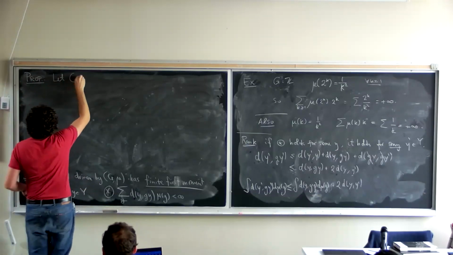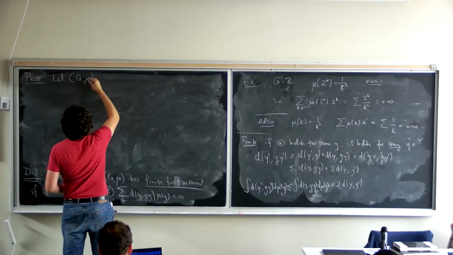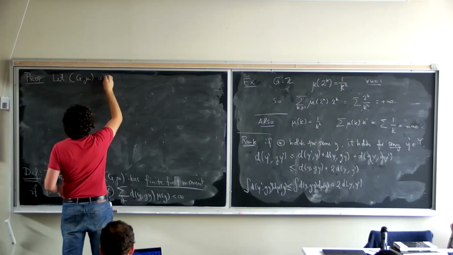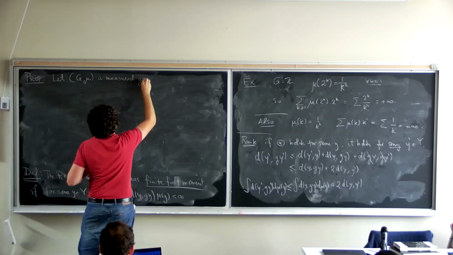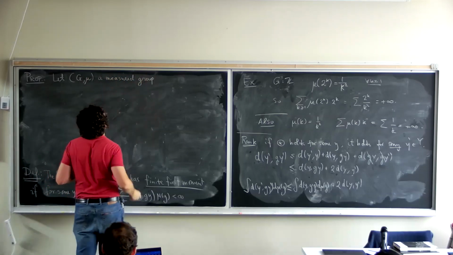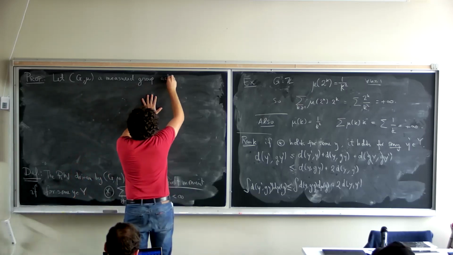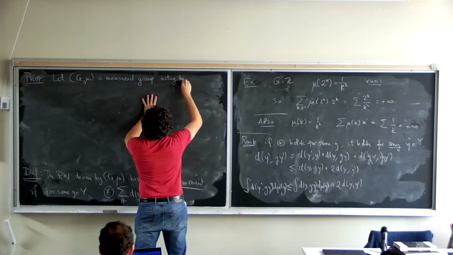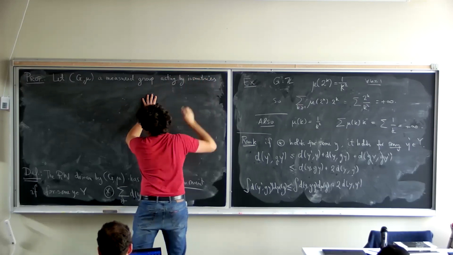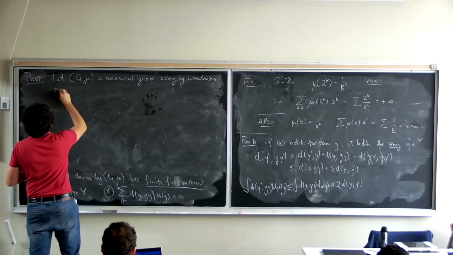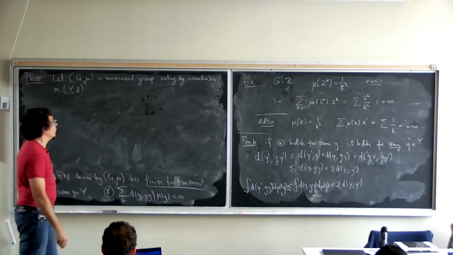Let G, mu again be a group with a measure, a measure group, acting by isometries on a metric space Y, d.